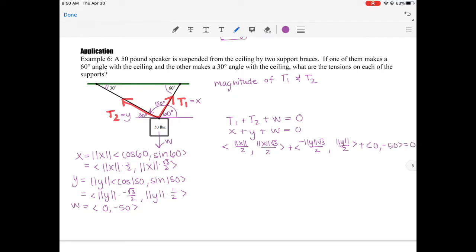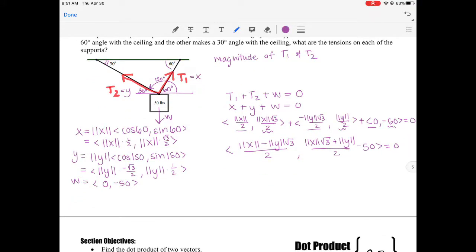So if we wanted to kind of combine things, we can add the first components of each of these. So in this case, we'd have the magnitude of x, halves, plus the negative magnitude of y, square root of 3. Since these are both halves, let's just put it all over 2. Same thing, we can now add the second components to each of these. So magnitude of x, square root of 3, plus y, that's all over 2, but we also have this minus 50. And this equals 0.